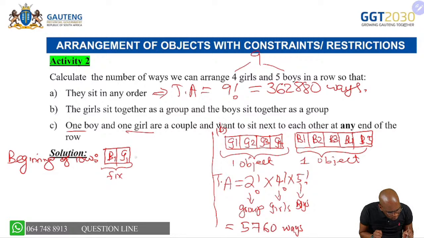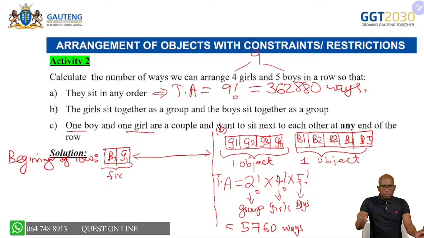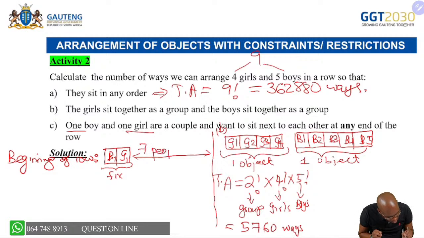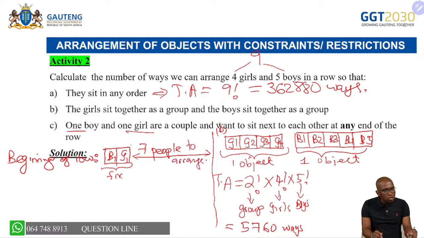Now, because we've aligned them, how many individuals are left to arrange? Out of 9, we've used 2, which means we are left with 7 people to arrange. Obviously, these 2 cannot be arranged because they are already placed at the beginning.